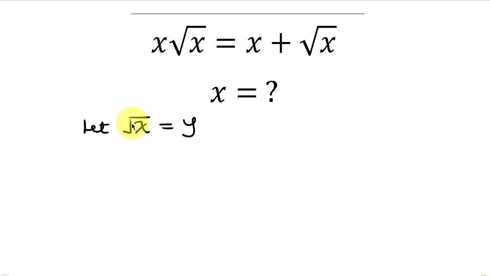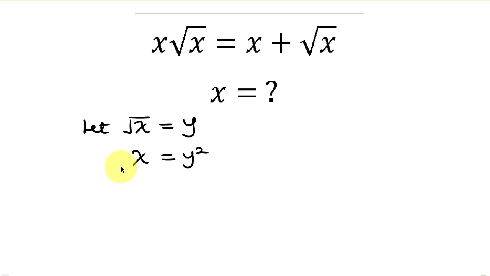And if the square root of x is equal to y, that means x will be equal to y squared. Well, this happens when we take the square of both sides. You see that? Very good.